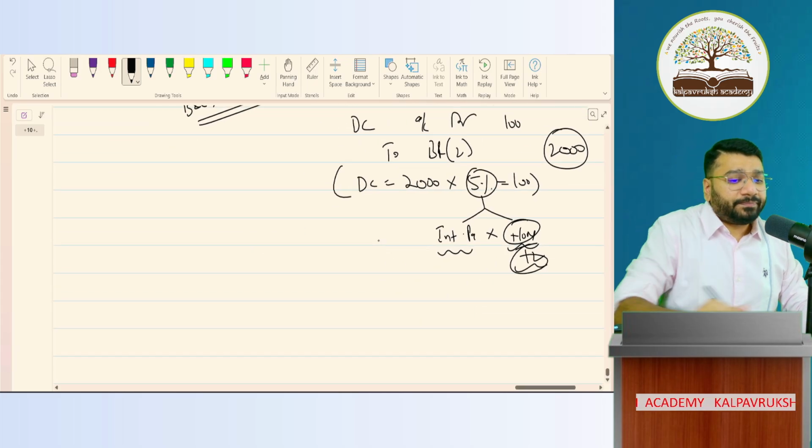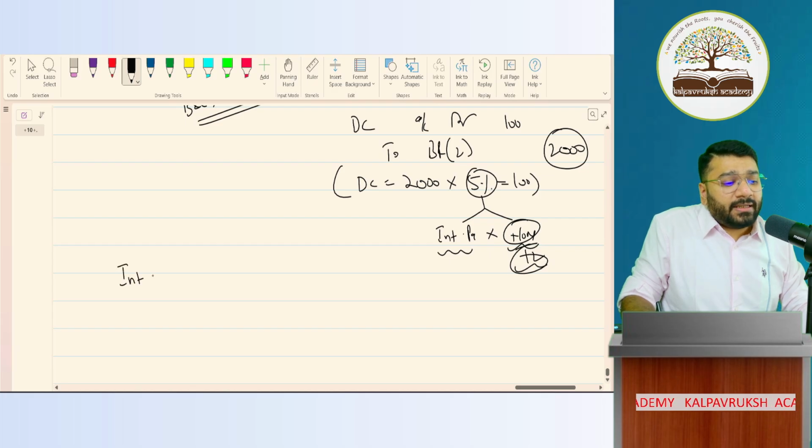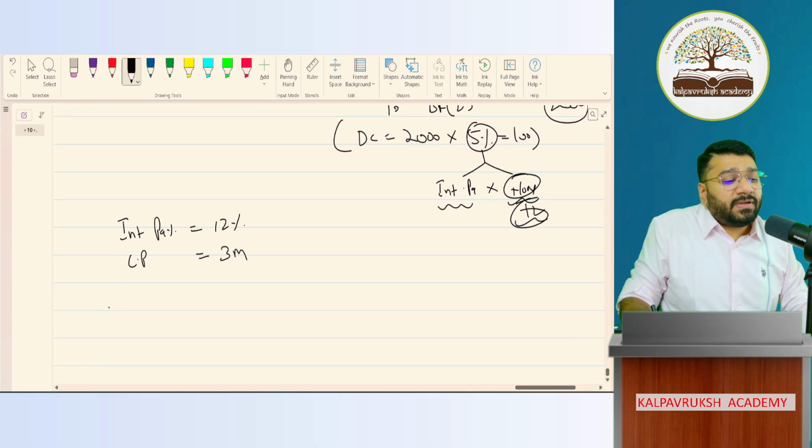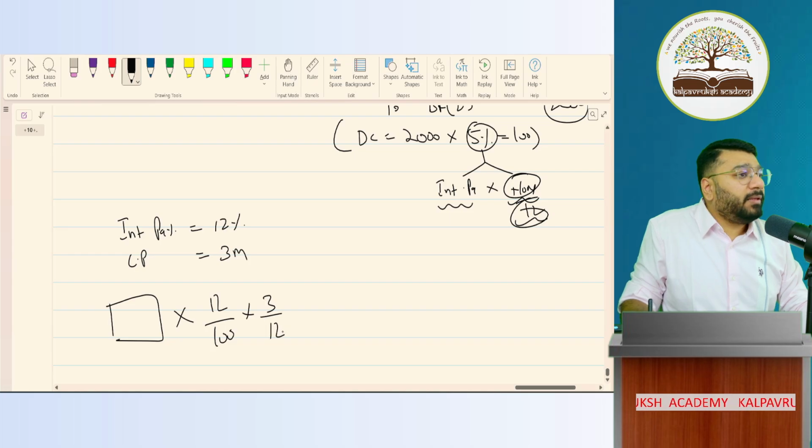For example, let's say interest per annum is 12% and the credit period is, let's suppose, 3 months. So whatever is the loan amount, you multiply 12 by 100 into 3 by 12. Correct?